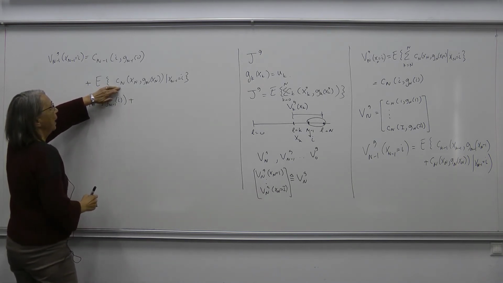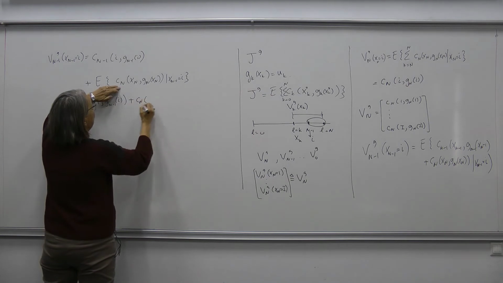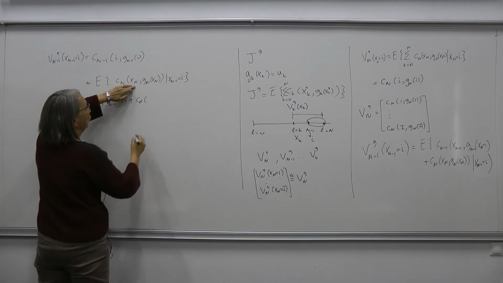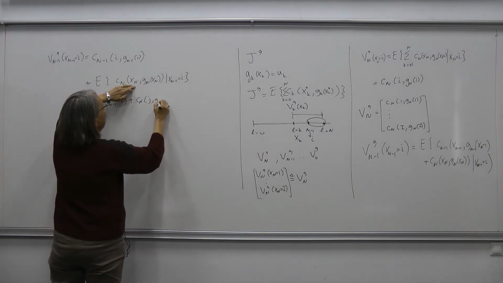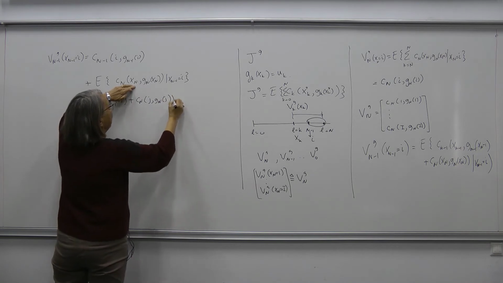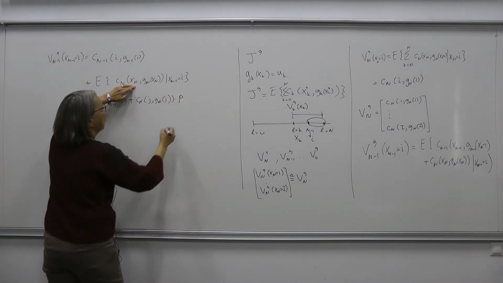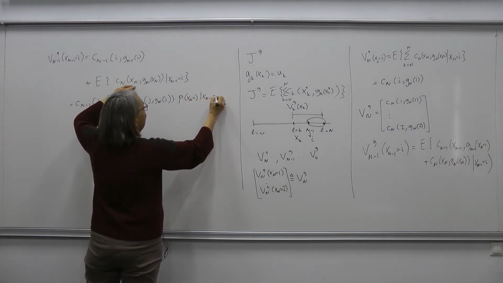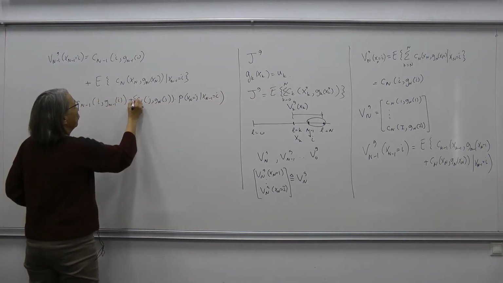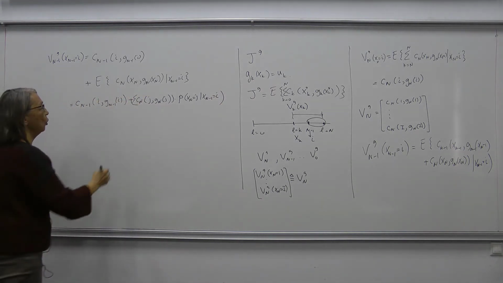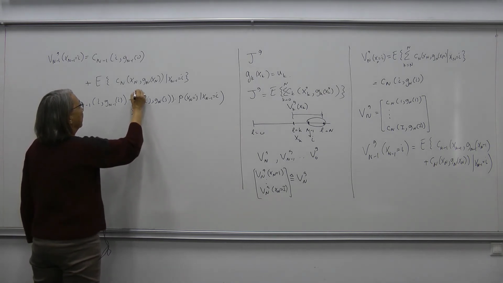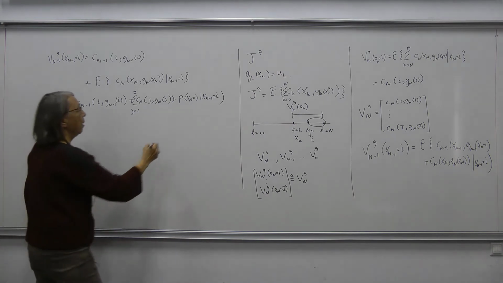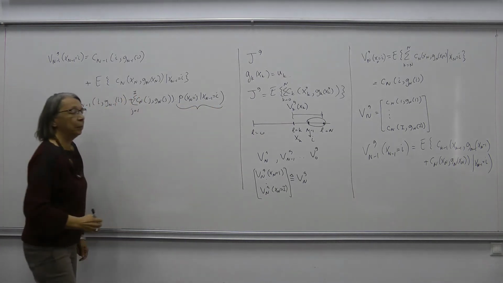for that one, I will write the value of this function for any value x_n which is equal to j, g_n of j, and then multiply it with the probability that x_n is equal to j, given that x_{n-1} is equal to i, and take the summation over all possible j values, so that j will start from 1 to I. That's nice, because we know what that probability is.